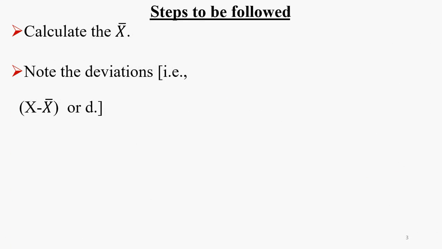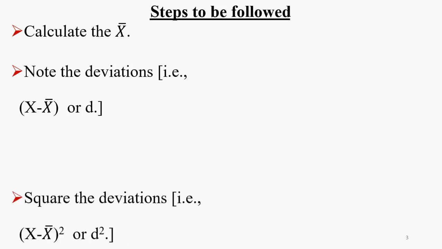Now, what are the steps to be followed while calculating standard deviation? You need to calculate the mean. Then note the deviations, x minus x dash, which we call d. D is nothing but deviation, calculated as x minus x bar, where x bar is the mean.